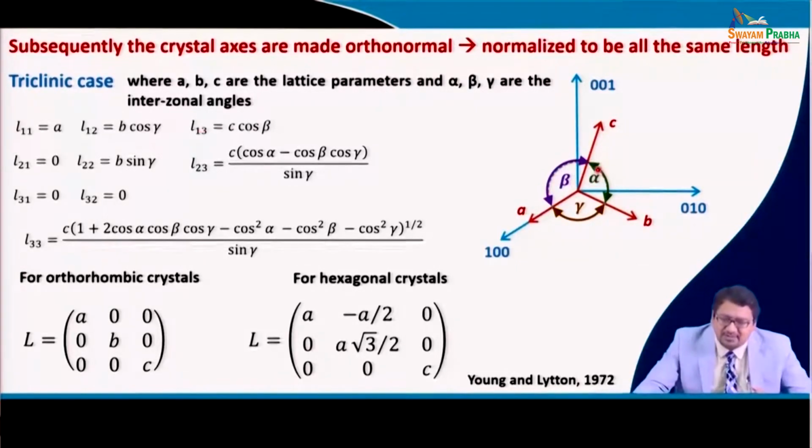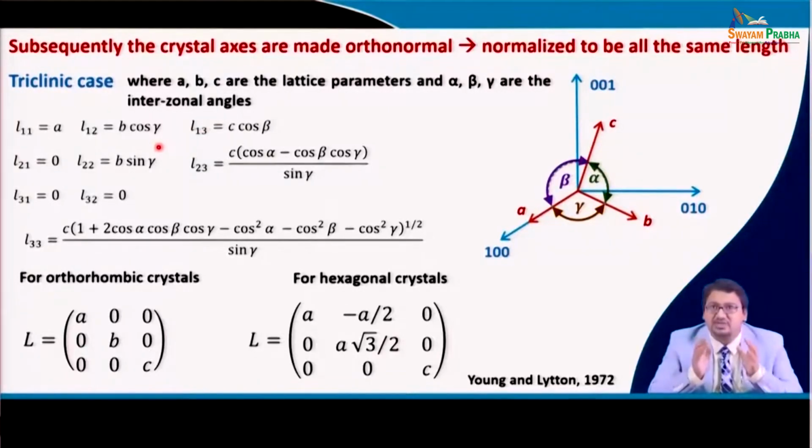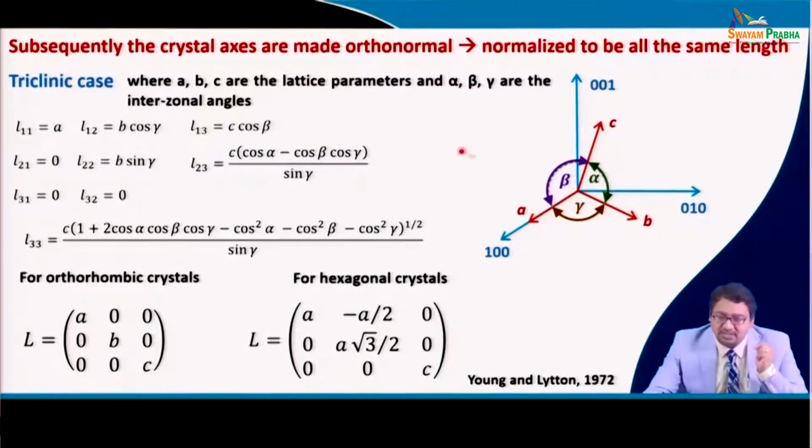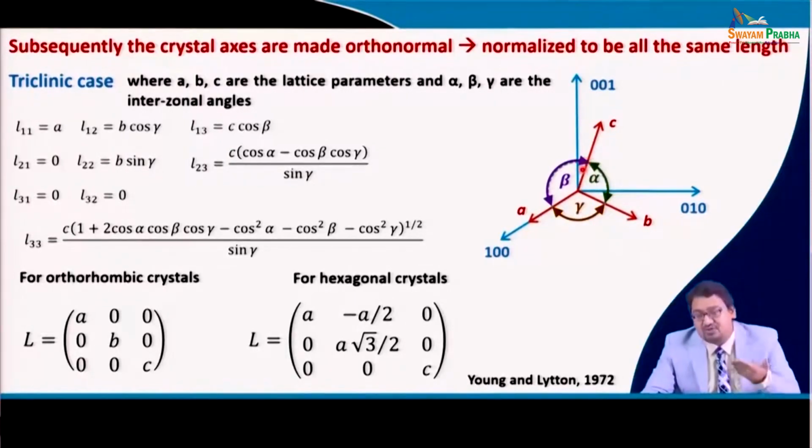So, we obtain the values, there will be 9 values of this matrix, and let us say these are L11, L12, L13, L21, L22, L23, L31, L32, L33. So, you see that L11 is basically equal to A, because it lies along the same direction as the A, whereas L12, that is the relationship of 1 0 0 with respect to this B vector, is basically equal to B times cos of gamma, because this is the angle between 1 0 0 and B, whereas L13 is the relationship between 1 0 0 and the C, which will be C times cos of beta.